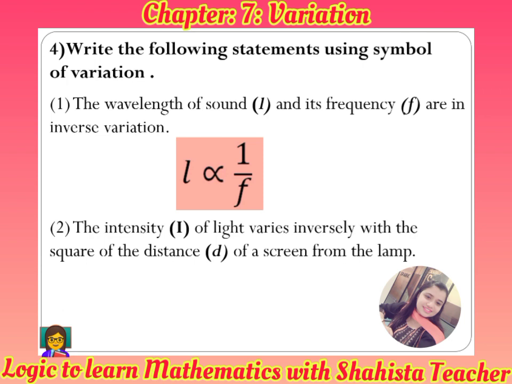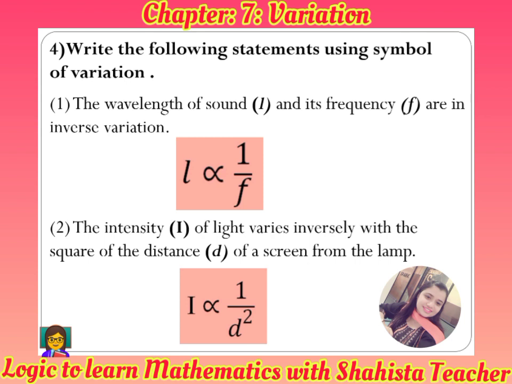Second question, the intensity I of a light varies inversely with the square of the distance d of a screen from the lamp. The intensity of light is I and the distance is d.